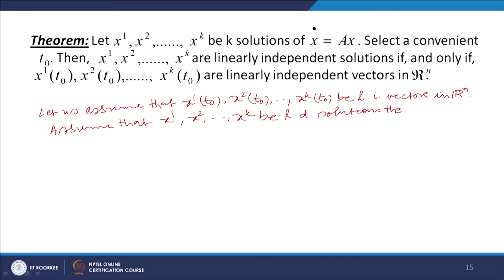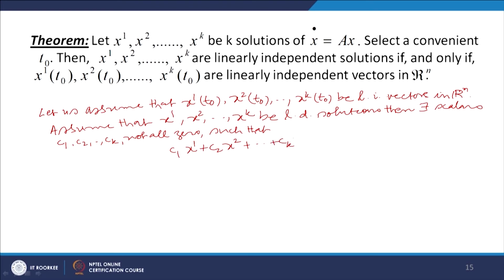Then by the definition of linear dependence of vectors, there exist scalars C1, C2 and so on Ck not all 0 such that C1 x1 plus C2 x2 and so on Ck xk is equal to 0.